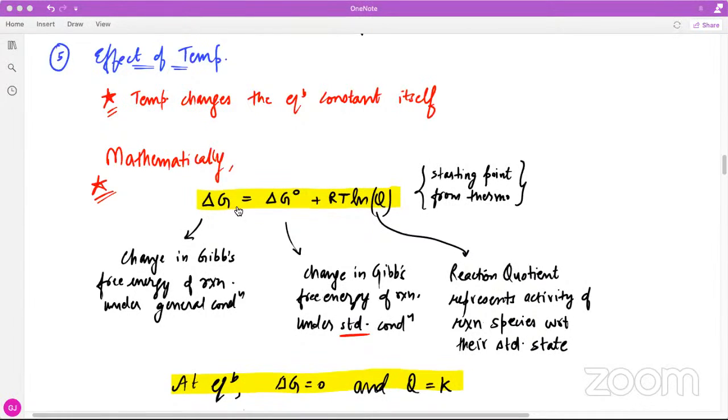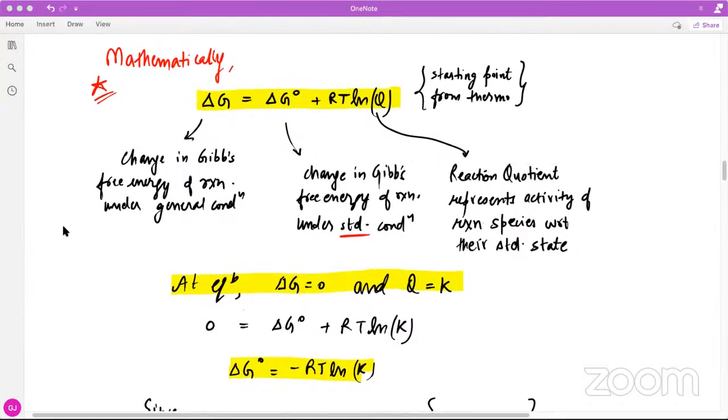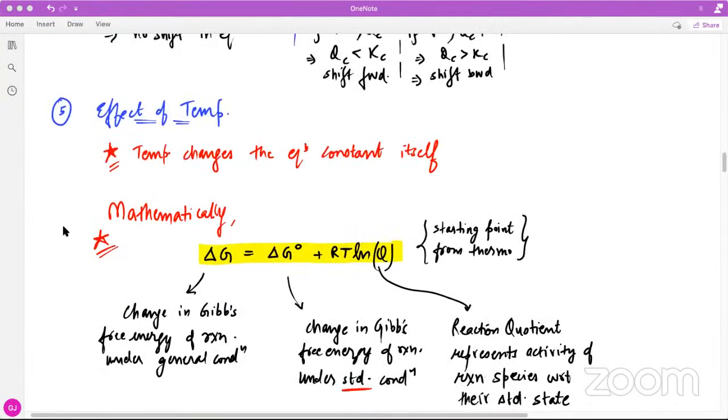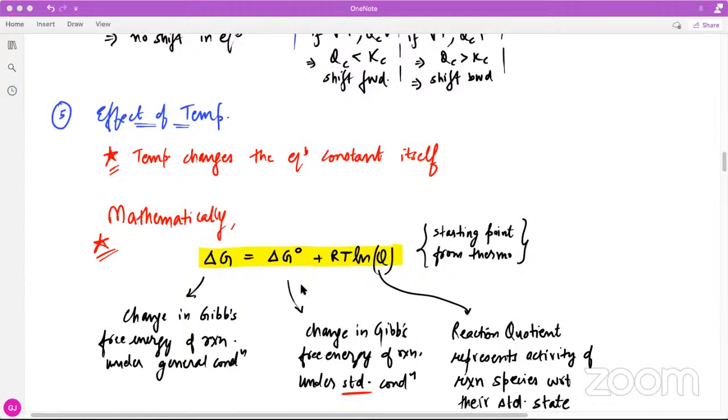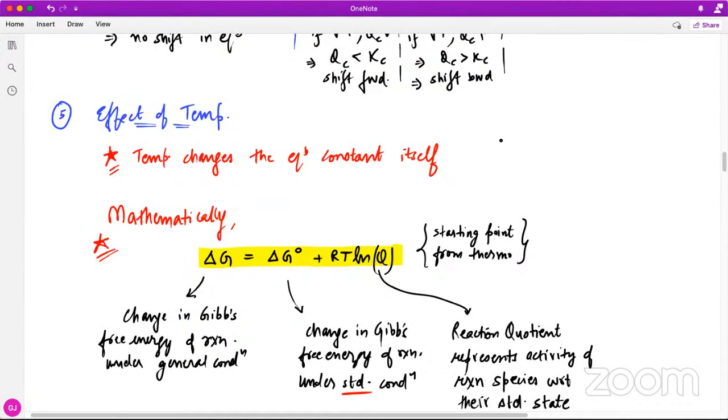So general conditions means any conditions that the reaction is currently being carried out under, right? Like the general conditions means whatever temperature, pressure you choose to carry out the reaction under, right? हाँ, correct. जैसे मैंने आपको बताया था ना, N2 plus 3H2 giving 2 ammonia, right?